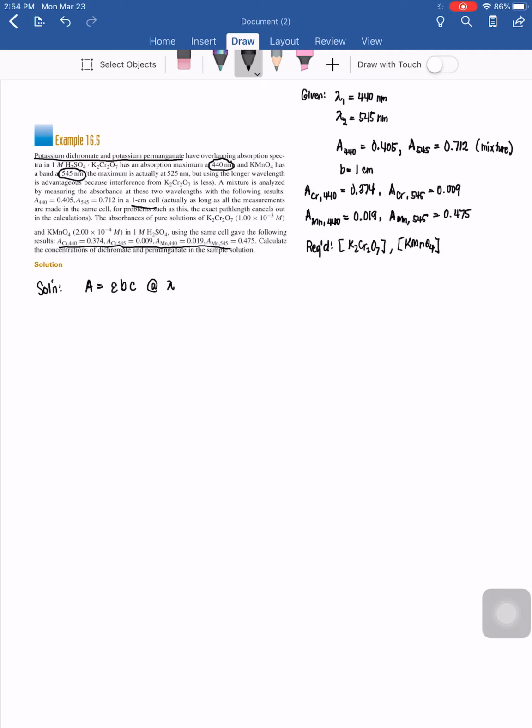For the pure dichromate solution, its concentration is given to us. That's 1 times 10 to the negative 3 molar. So we can replace it by the following. Let me just erase that one. For potassium dichromate, we're given the following information.